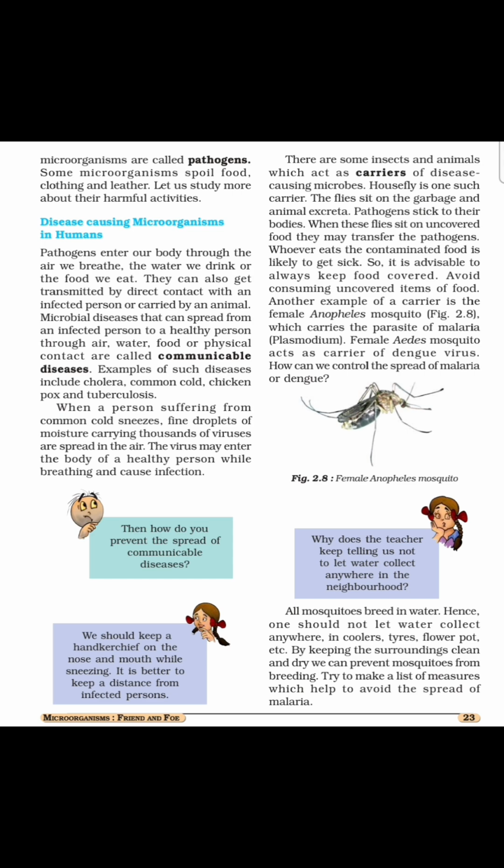And disease can also spread through direct contact with an infected person or even through carriers. When a disease can be transmitted from an infected person to a healthy person through air, water, food, or physical contact, we call it communicable diseases.